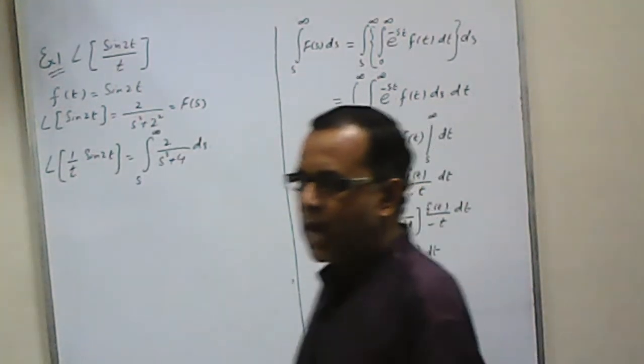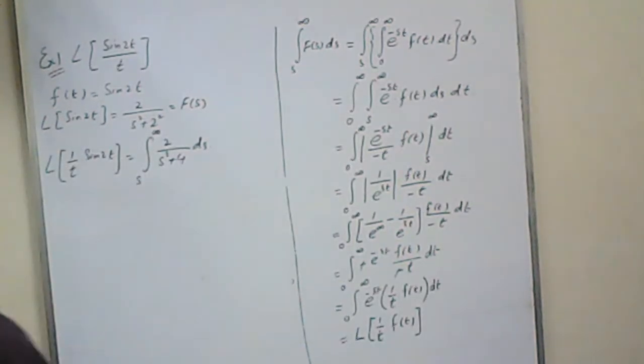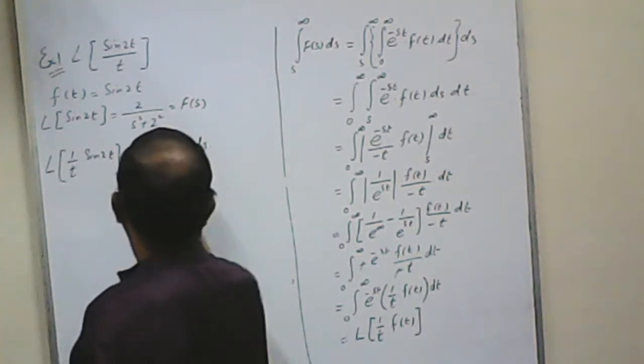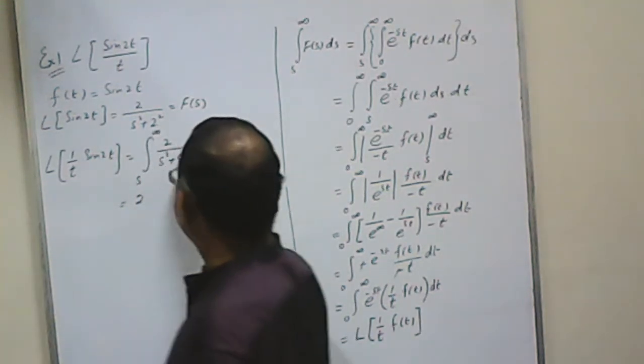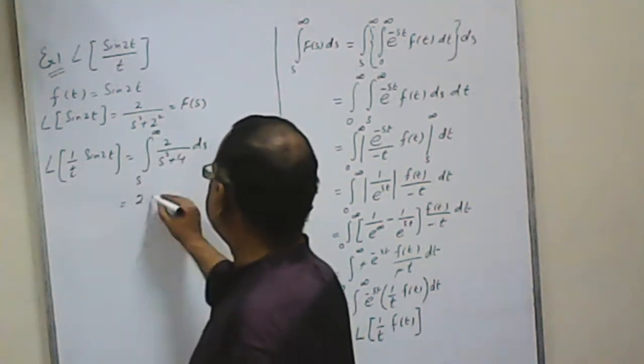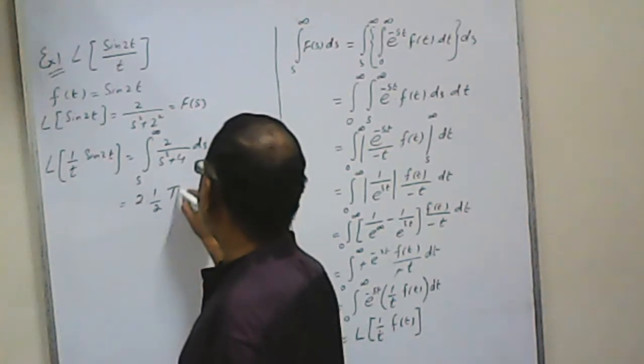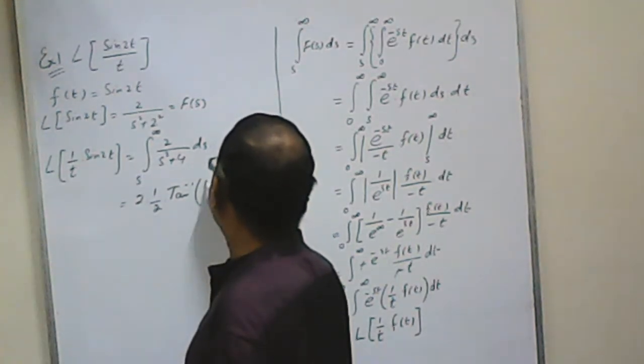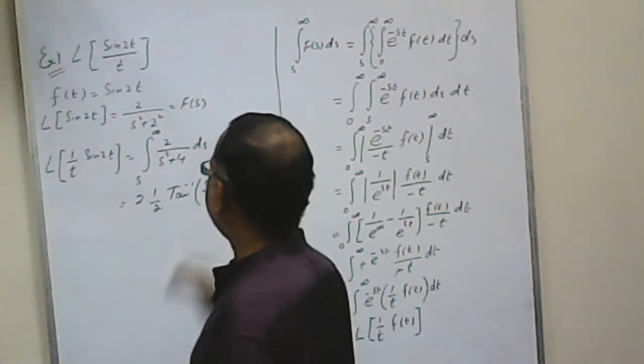Now what is required is to integrate the right hand side. This is the formula for tangent inverse: 1 over a into tangent inverse s over a.